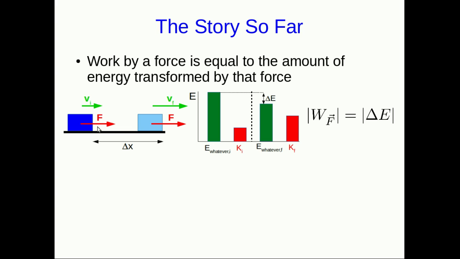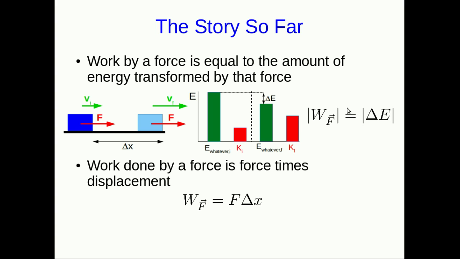And if that force is somehow connected with some form of energy being transformed into another, so I've called it E whatever, some sort of energy, I don't care what, and we transform an amount delta E of it into something else, like say kinetic energy, then the work done by that force is equal to |delta E|, where I'm using absolute values here because there are some signs that we should worry about, but we're not worrying about them yet.